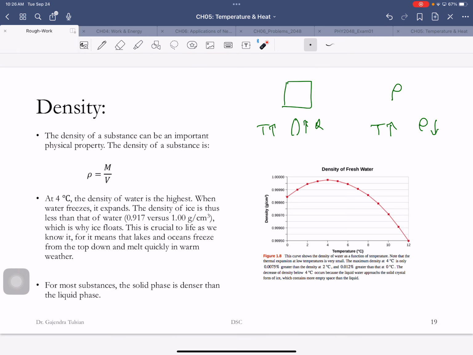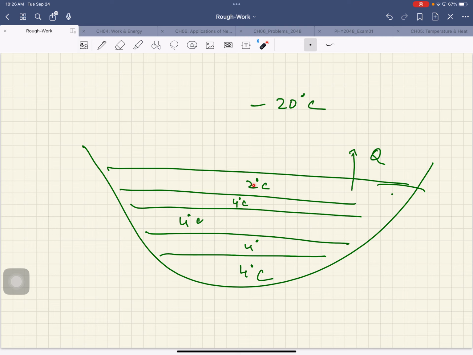But our graph tells us that at 2 degrees Celsius, the density is lower. This water is not going to sink. More heat flows, and this water falls to 0 degrees Celsius. That's still less dense, so it won't sink. That's very important. Now more heat will flow, and this water freezes.